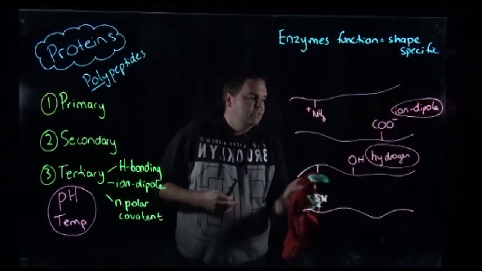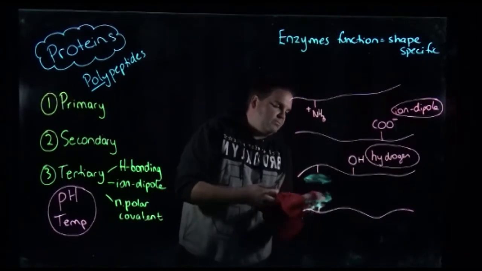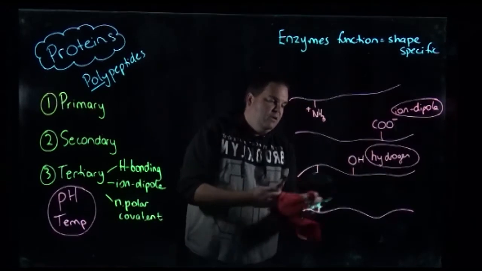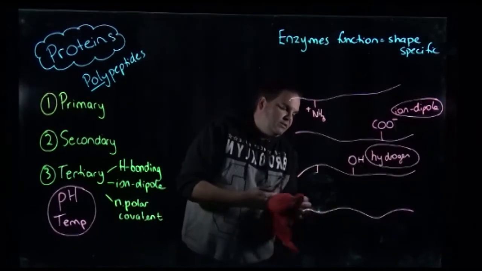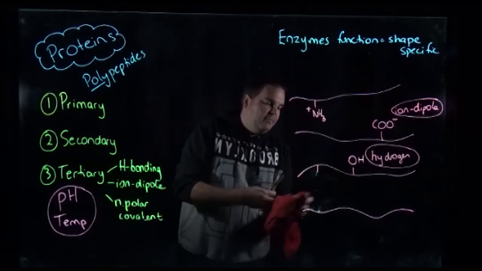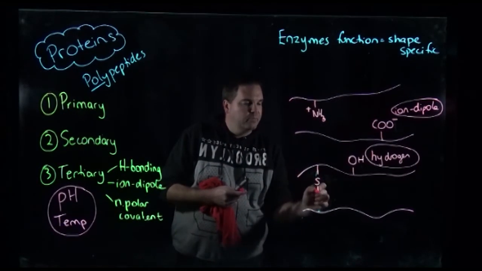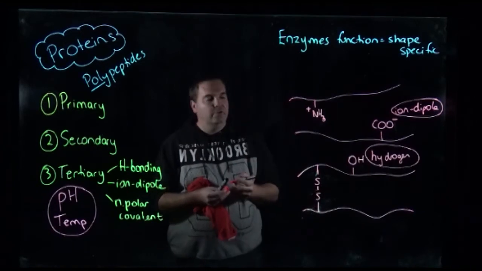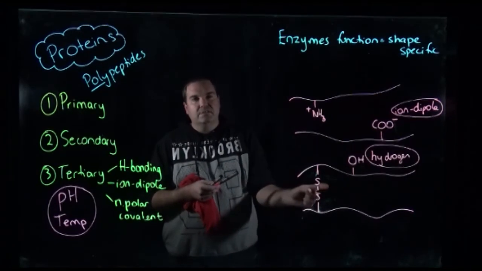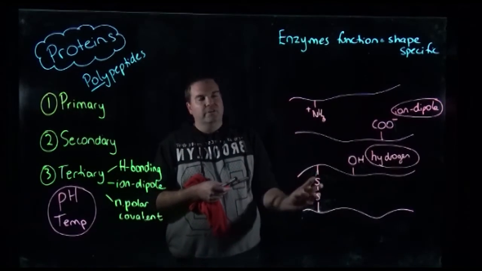Your hydrogens disappear, and the sulfur from one cysteine group bonds to a sulfur from another cysteine group, and you get this non-polar covalent bond holding them together.